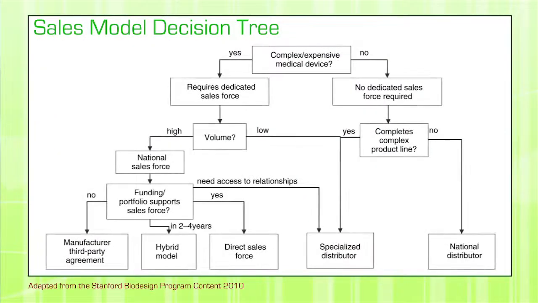The questions of most importance are complexity and how expensive the medical device is, the volume that you want to manage, meaning how many of these devices are required, whether high or low volume, and of course, the funding sources and how your portfolio supports this force. The options are third-party manufacturers, hybrid models, direct sales force, specialized distributors, and national distributors. It will range among these depending on the answers to these questions.